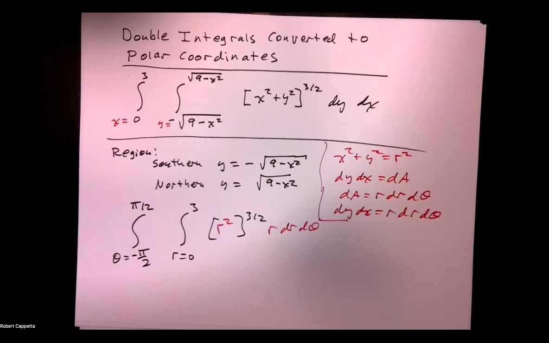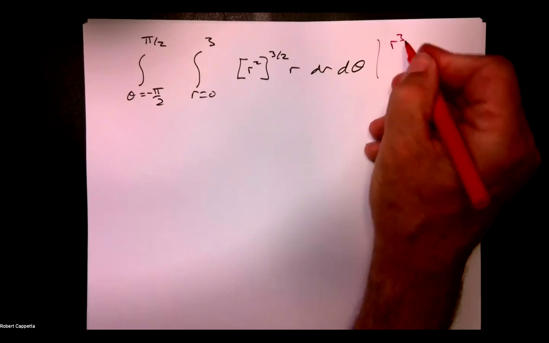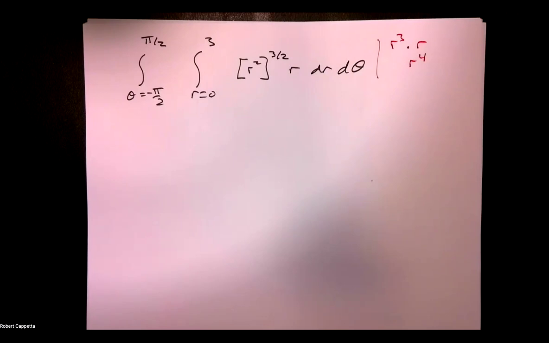And then simplifying this as best we can, what do we get? Well, the thing to recognize is that r squared to the 3/2 is r cubed, then multiply that by r to give me r to the 4th. So then our integral will be the integral of r to the 4th dr d theta. And then we're always going to start with our inner integral.